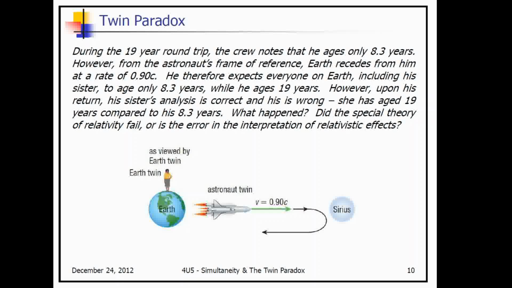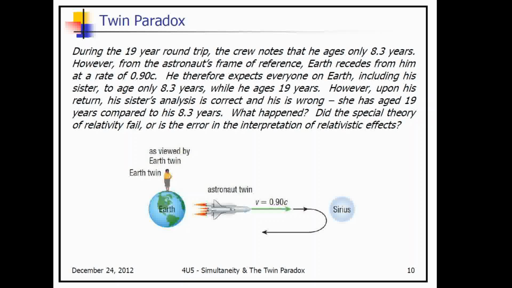So if he started to do some calculations, he could argue the Earth is moving away from him at 90% of the speed of light. So he would say that people on Earth are going to age only 8.3 years, whereas he's going to age the 19 years. But when he comes back, he notices that it's in fact wrong. He aged the 8.3 years. His sister aged the 19 years.